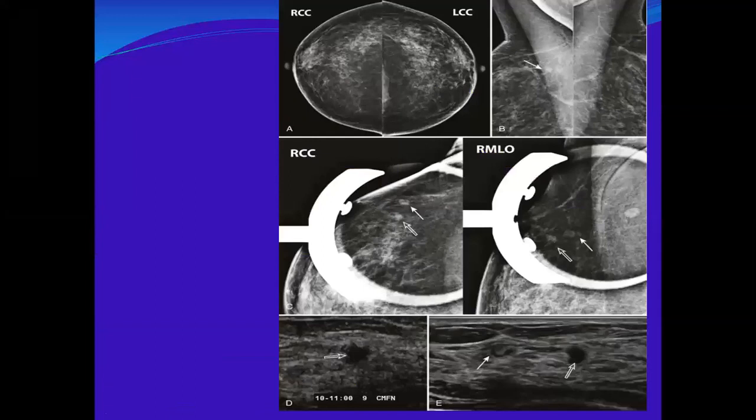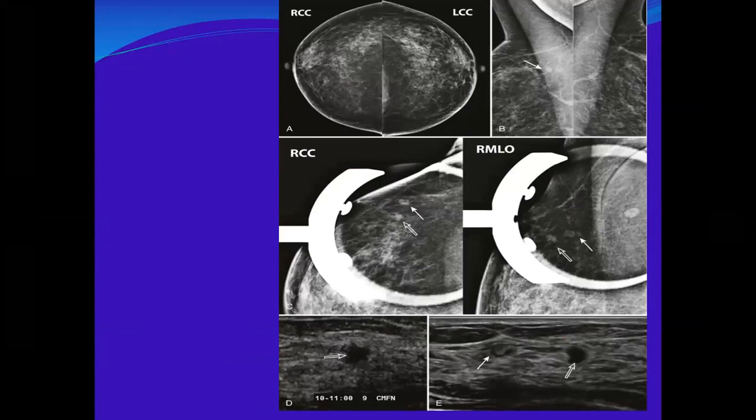Okay, these are examples. You could see here an asymmetry projected over the pectoralis, seen in the MLO projected over the pectoralis high up. This is the location. You know that in the CC view, the area can be missed.